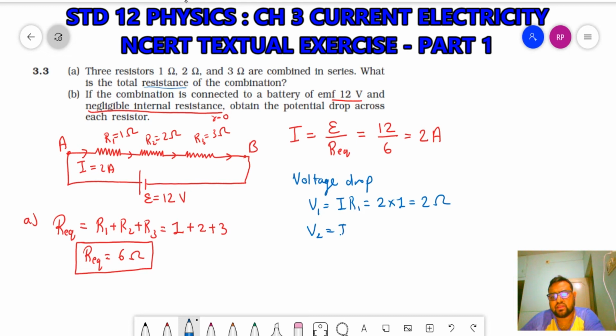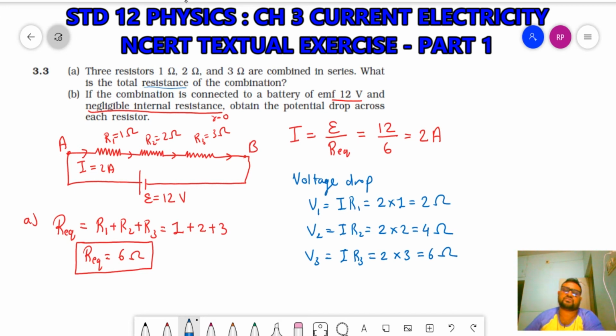V2 will be equal to IR2, that is 2 into 4... 2 into 2, that is 4. V3 is equal to IR3, that is 2 into 3, equal to 6. So the voltage drop across the first resistor is 2 volt, across the second resistor is 4 volt, across the third resistor is 6 volt. Also 6 plus 4 plus 2, that is 12. The battery is of 12 volt.